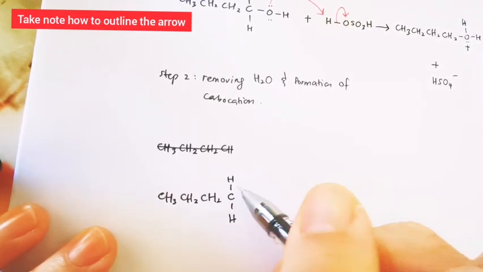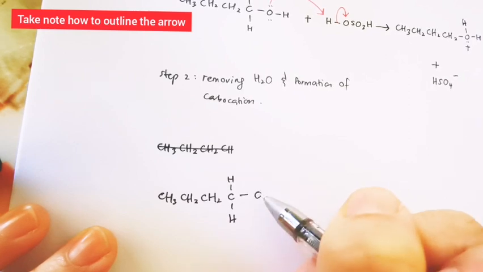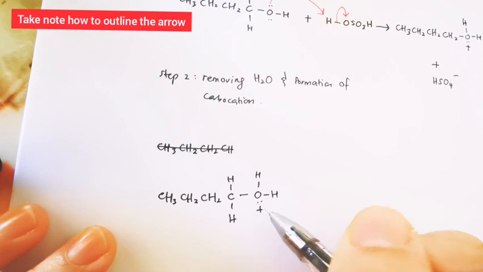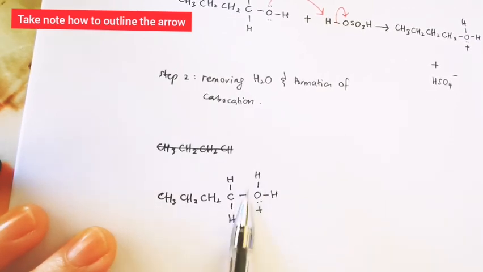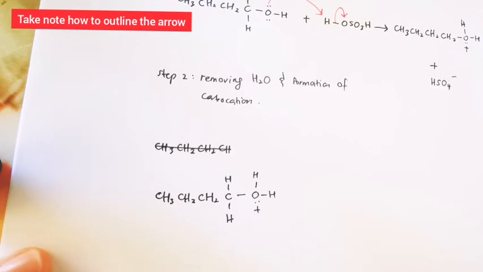Okay, I expand the bond here, the bond of the carbon, the neighboring carbon of this protonated hydroxy group, because it will be easier for me to show the bond cleavage after this.